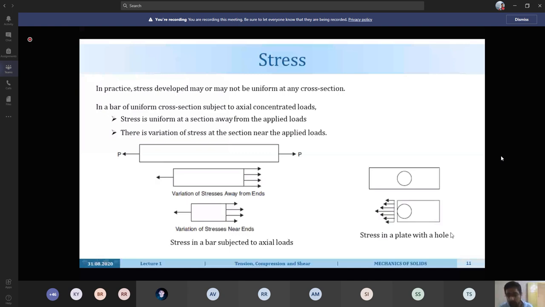So when you remove some material from the plate, the stress developed will be different. For example, even if you apply the same load P, the maximum stress developed at the center may not be the same in the two cases, the bar and the plate. It will be different because the removed material has some contribution towards the stress developed in that region.